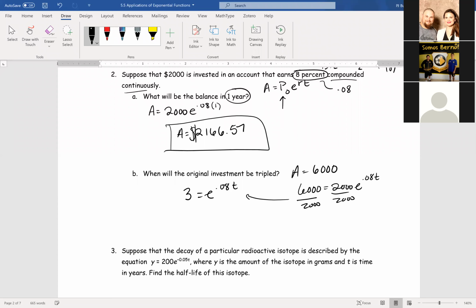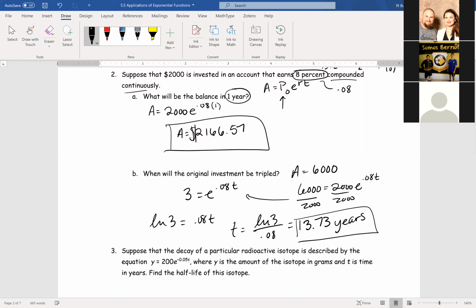So I'm just going to do this. I take log. So t is equal to natural log 3 over 0.08. Looks like 13.73, and that would be years. So quite a long time to get 3 times the amount.